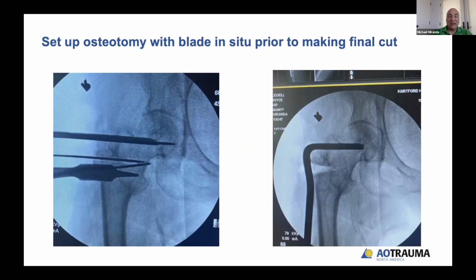Now, unlike Roger, I actually ride the wires with my saw, and I think that's a certain comfort level. Roger's a master technician. He's able to freehand it and make them look beautiful. For me, I depend on those wires, so I'll ride the wire and then drive in the plate before I finish my osteotomies.